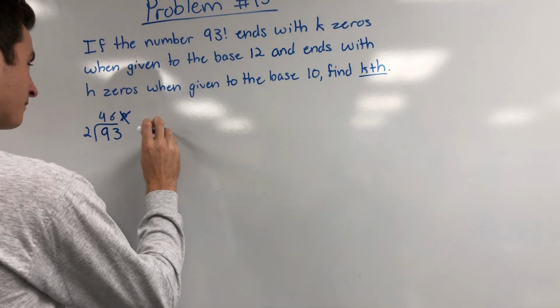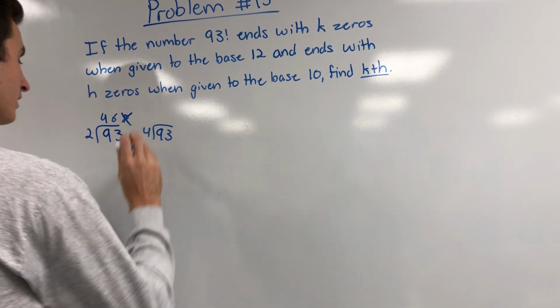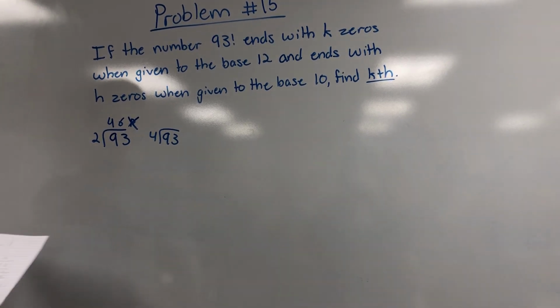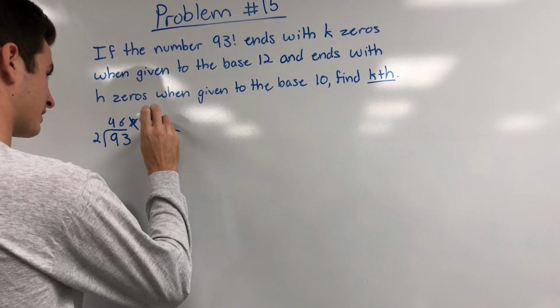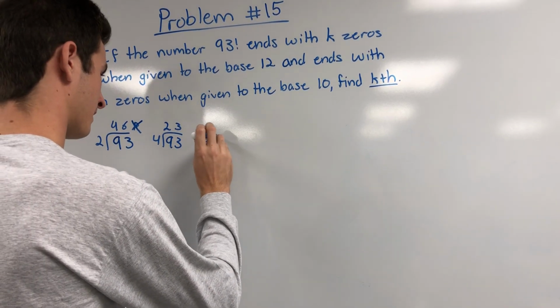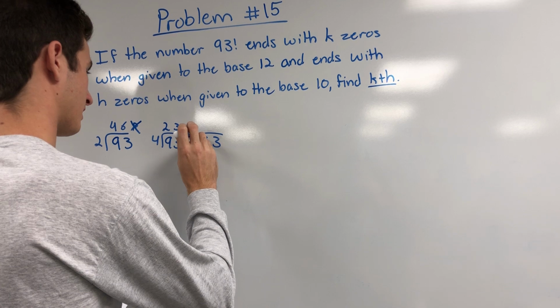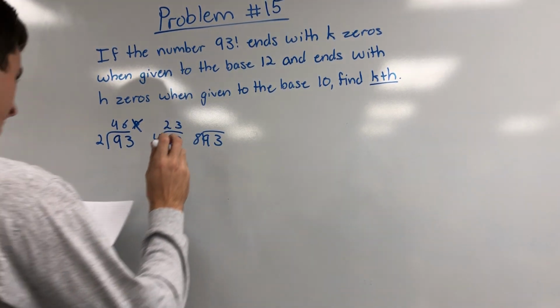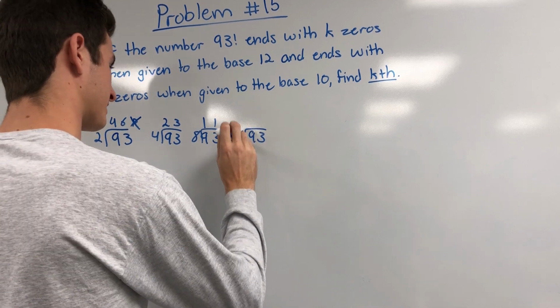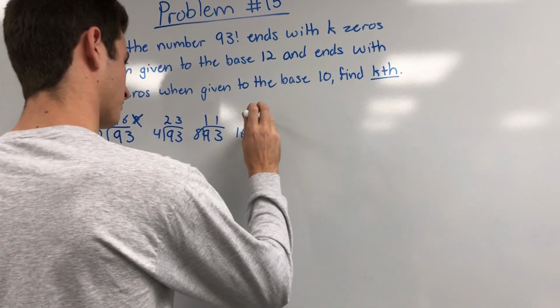And then we need to divide it by 4, because that gives us an extra 2, because 4 is 2 times 2, and that's 23, and we don't care about the remainder. And then divide it by 8, which is 11, and then divide it by 16, which is 5.